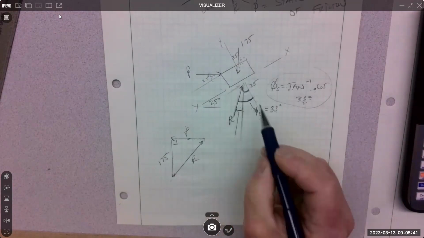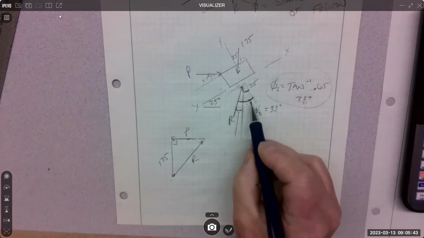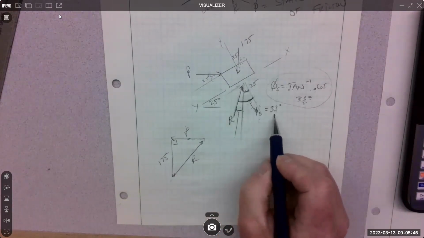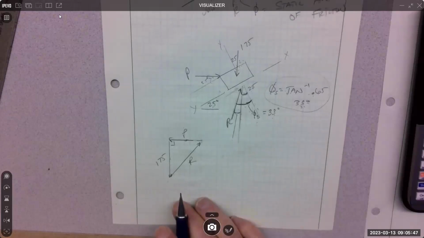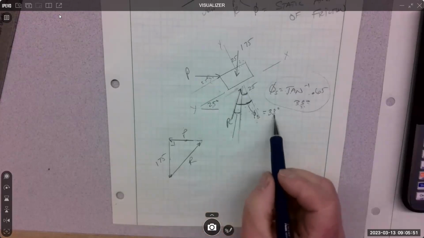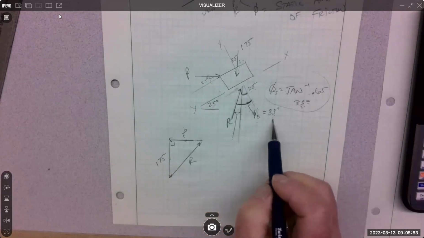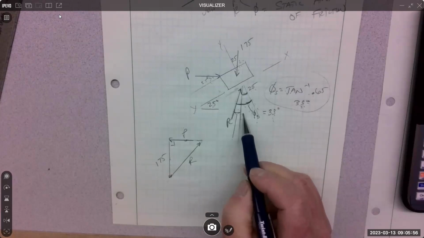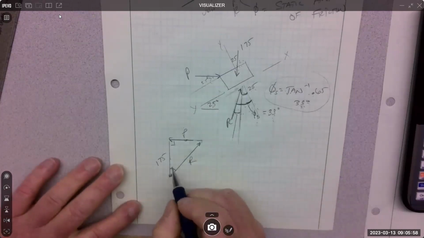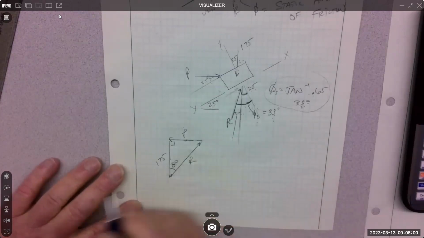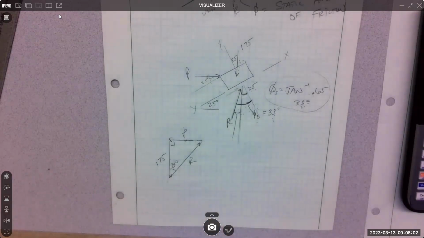And it's just the difference between the 25 and the 33, 25, 33. So 8 degrees, right? From R to vertical is 8 degrees. Here is R to vertical, 8 degrees. With that, you have a right triangle. You should be able to solve it for P.